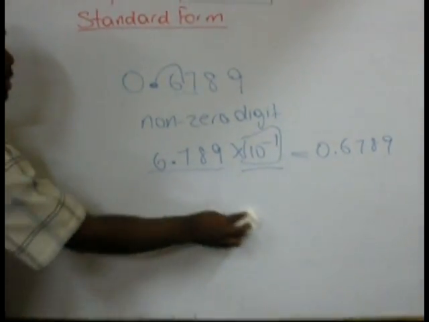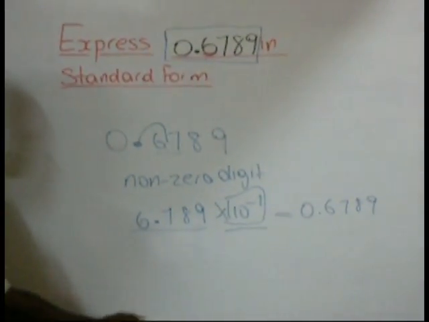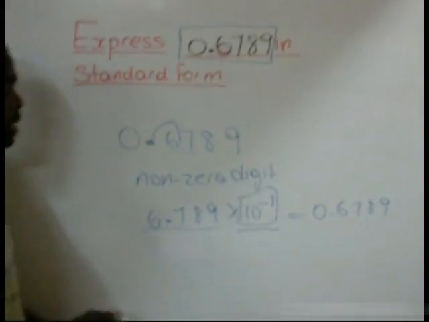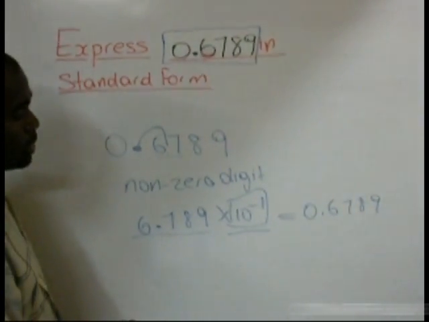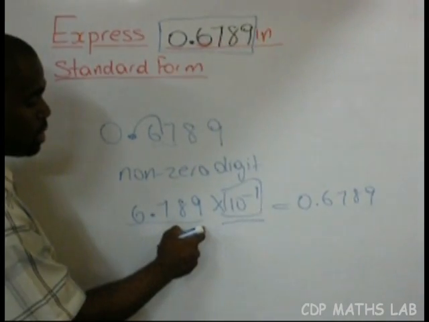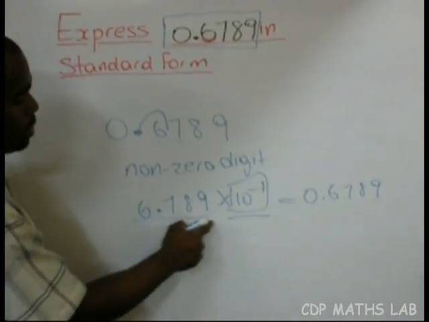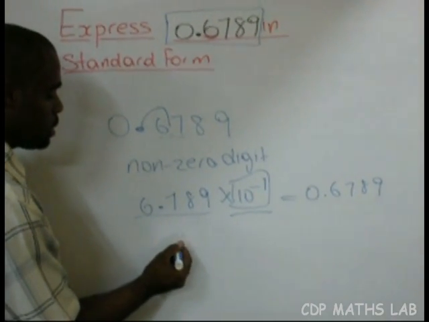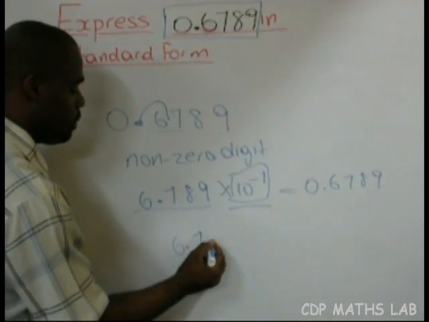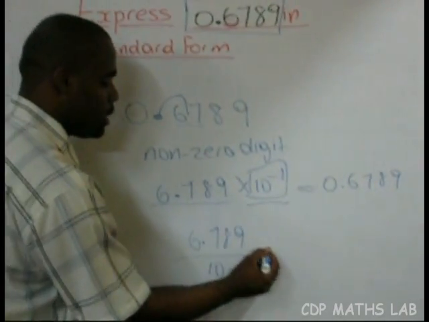And of course, you have a video, so you can replay it if you didn't get what I've written right here. Now if you are supposed to divide this number, 6.789, by 10, what would the answer be?